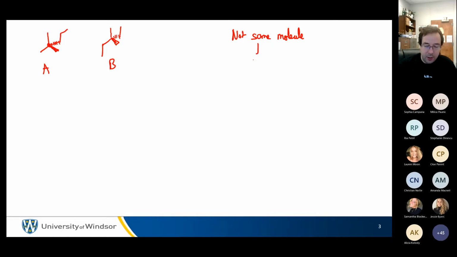Okay, so then, same connectivity. So what does this mean? This means, are all the atoms attached to the same atoms? If I look at carbon 2, is it attached to the same atoms in both cases?